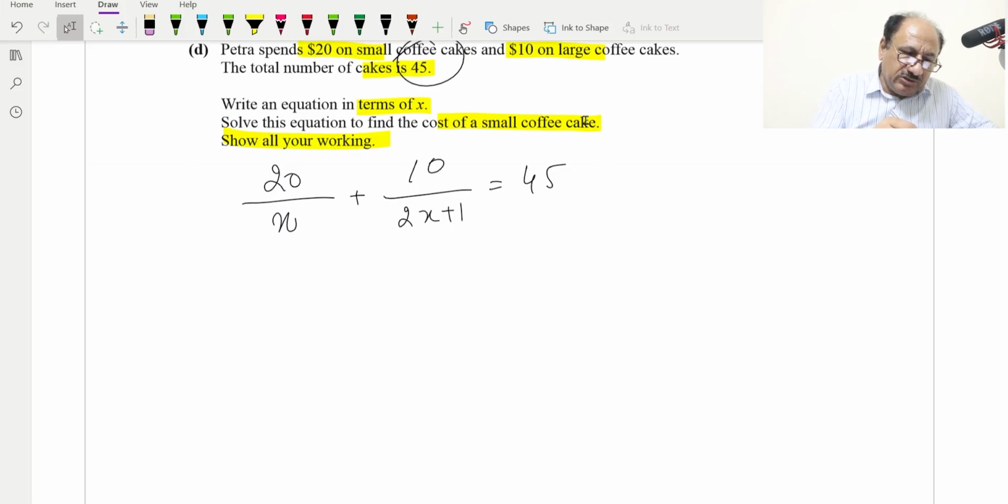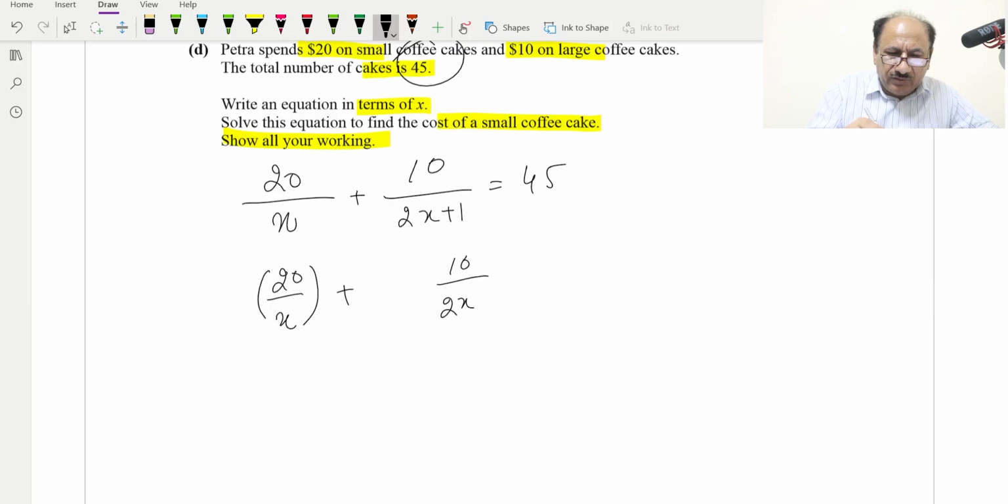To simplify this equation, we can basically take LCM also, or we can just multiply x into 2x plus 1 into 20 over x, this one. So the simplest way, basically, if I explain, this technique you can use for all these types of fraction questions.